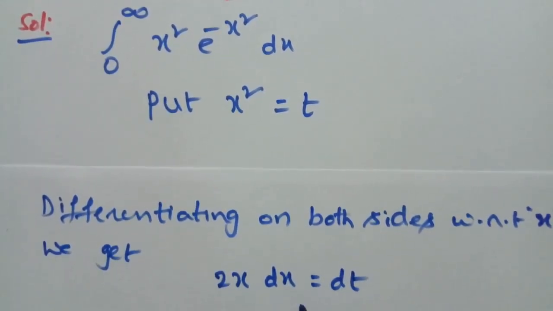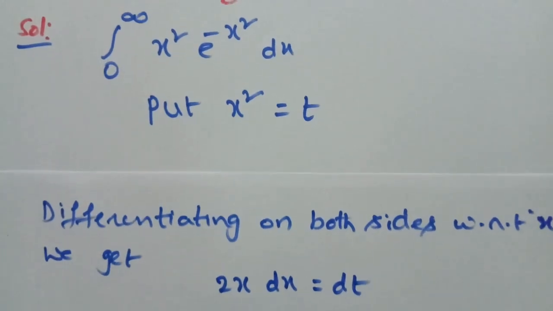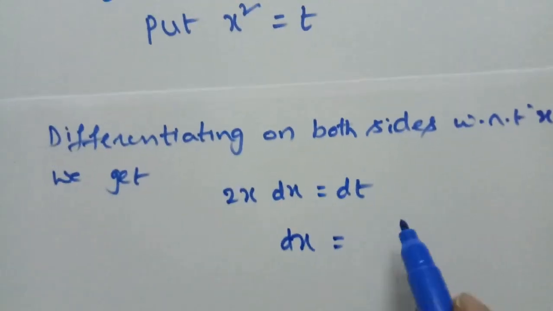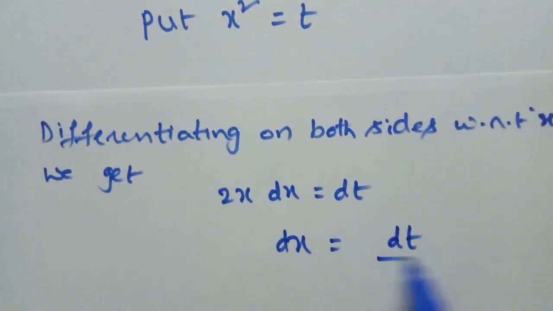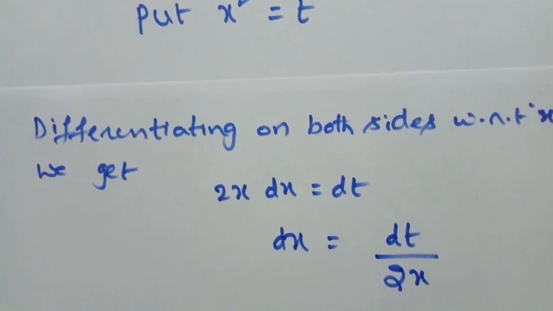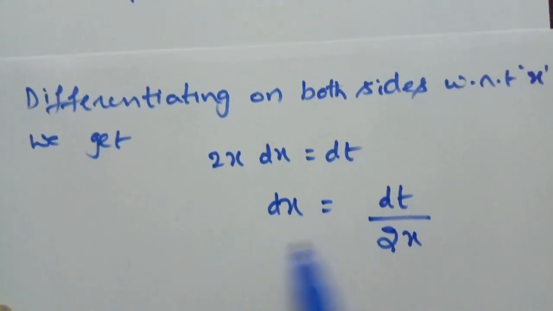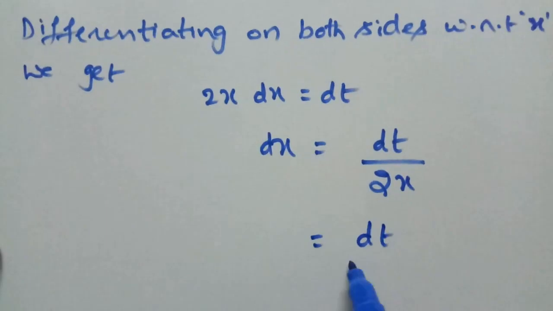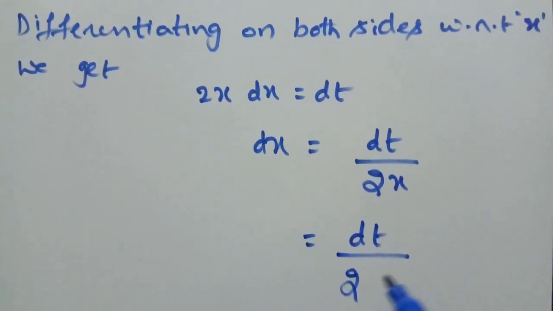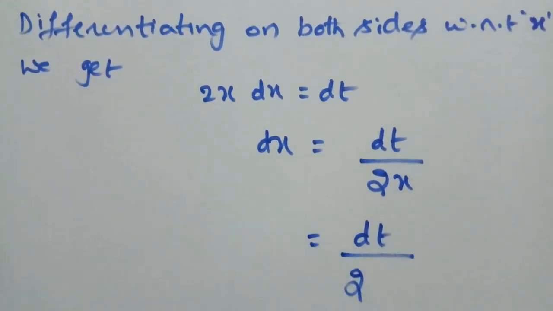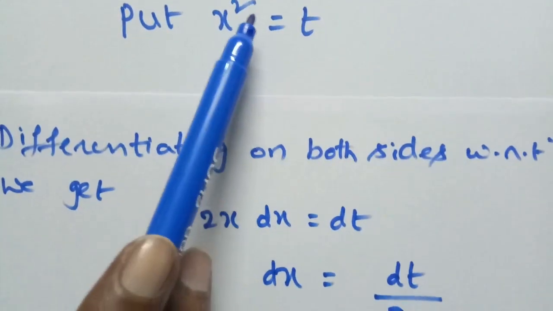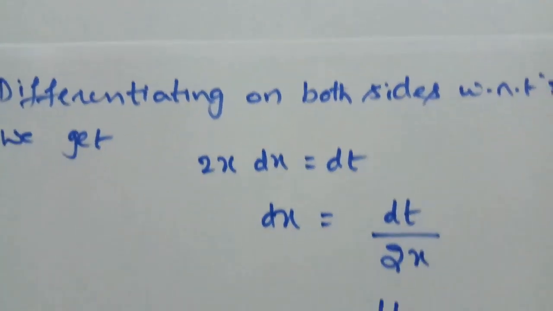By cross multiplication we get 2x dx is equal to dt. Therefore dx is equal to dt by 2x. Since x square is equal to t, x is equal to square root of t.